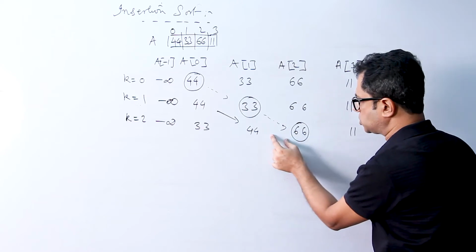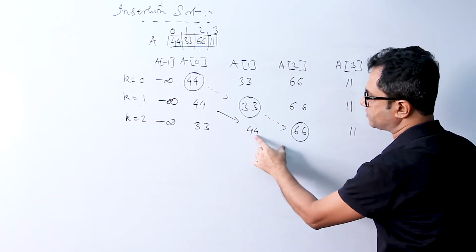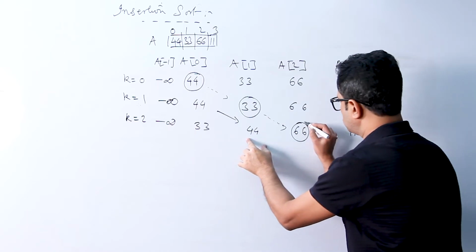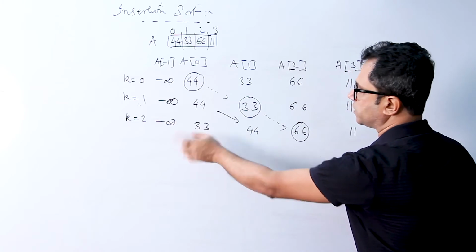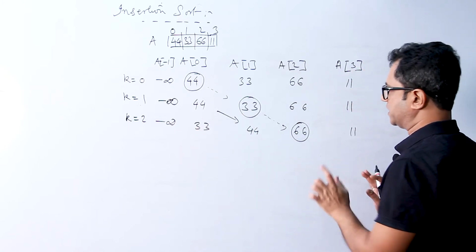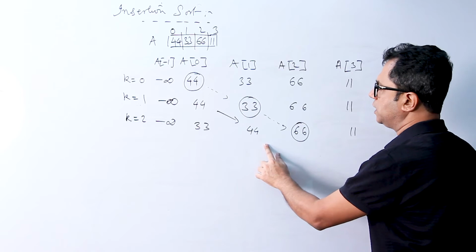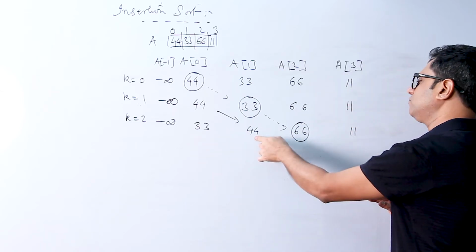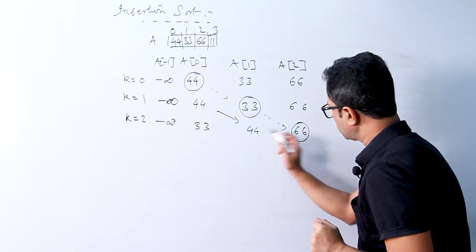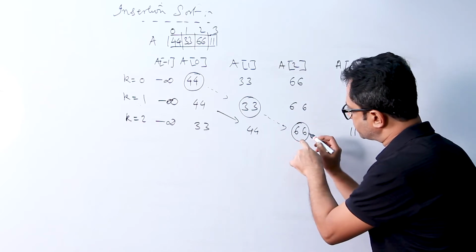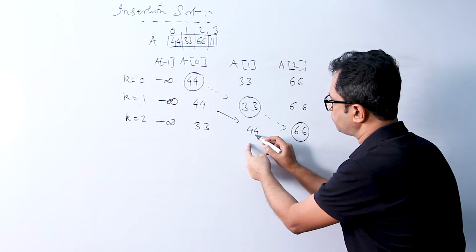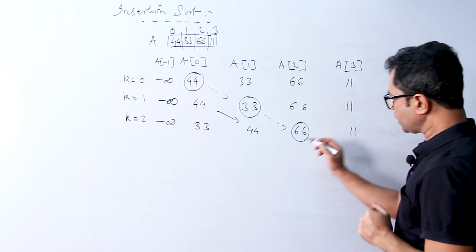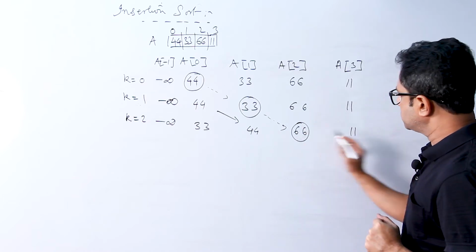So, there is no question of this 66 going to the left side, and no question of comparing this 66 with 33, as it is well greater than 44. It will be compared just with 44. See that this 66 is greater, so it will not take the position of 44, and it will remain in this position.